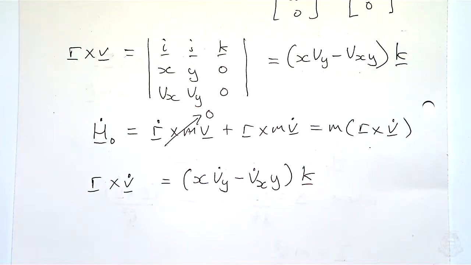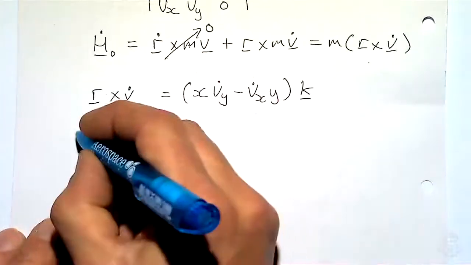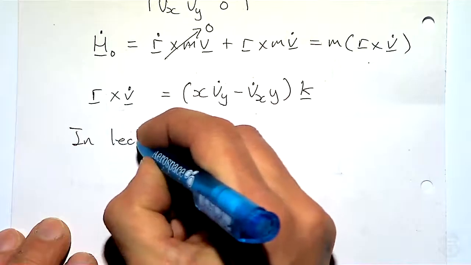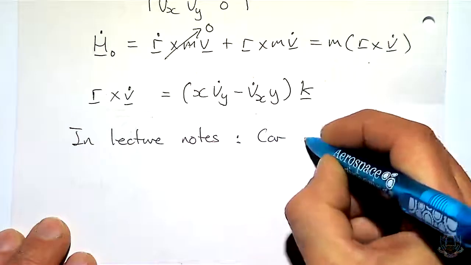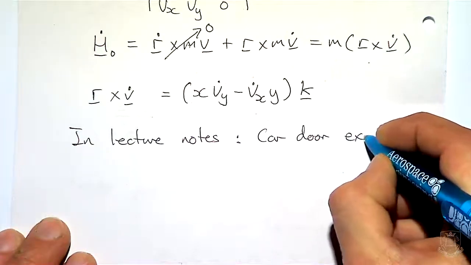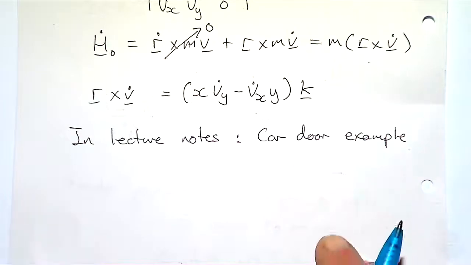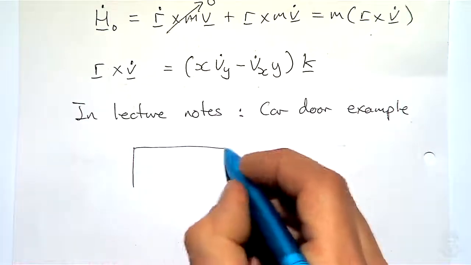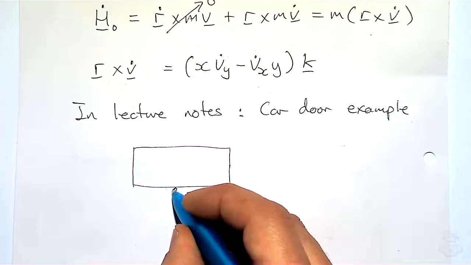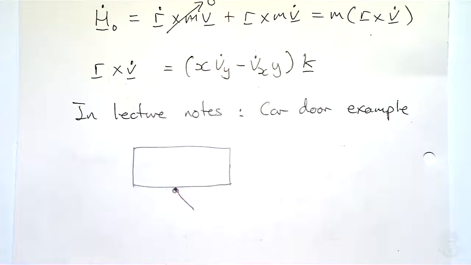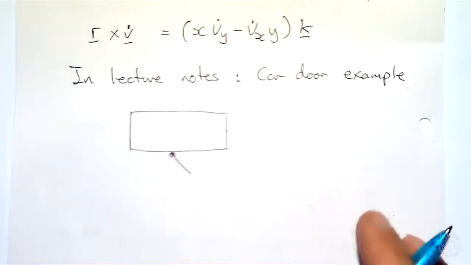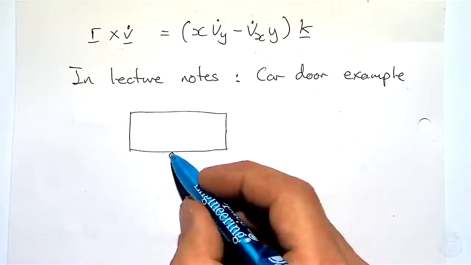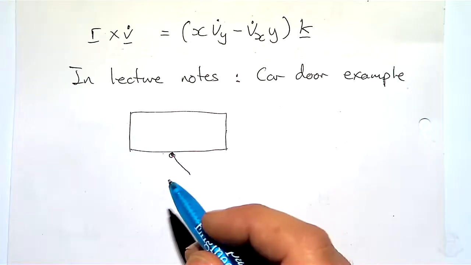In the lecture notes, there's a much more complicated example, isn't there? There's the car door example. In this example there's a vehicle, and the door of the vehicle is partly open, and you're asked to work out the rigid body dynamics of what's happening to the car door based on some information that you're given.